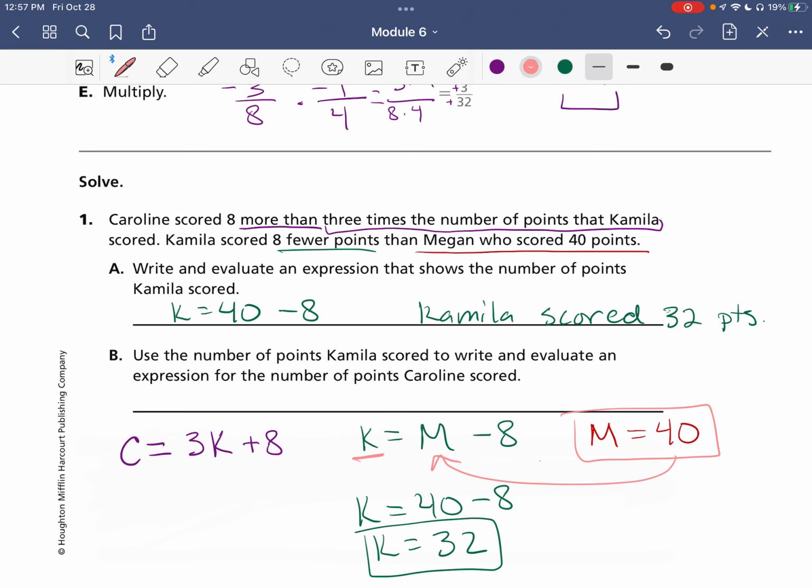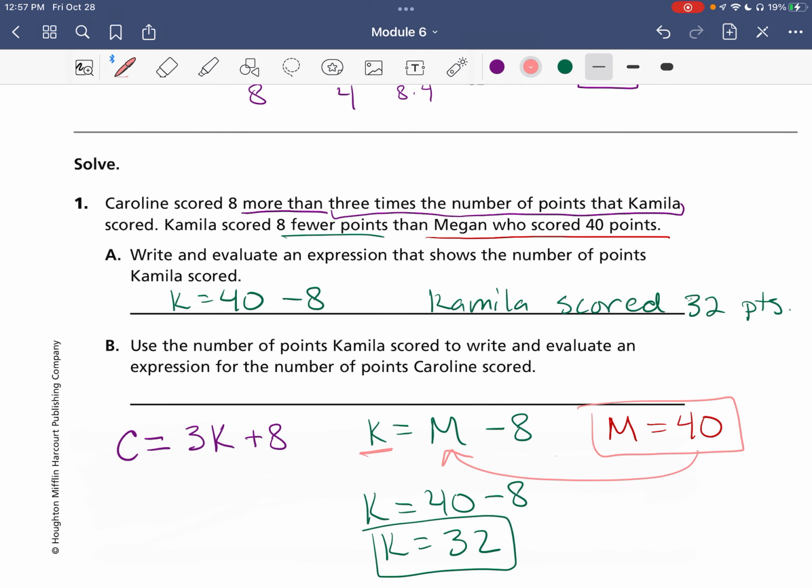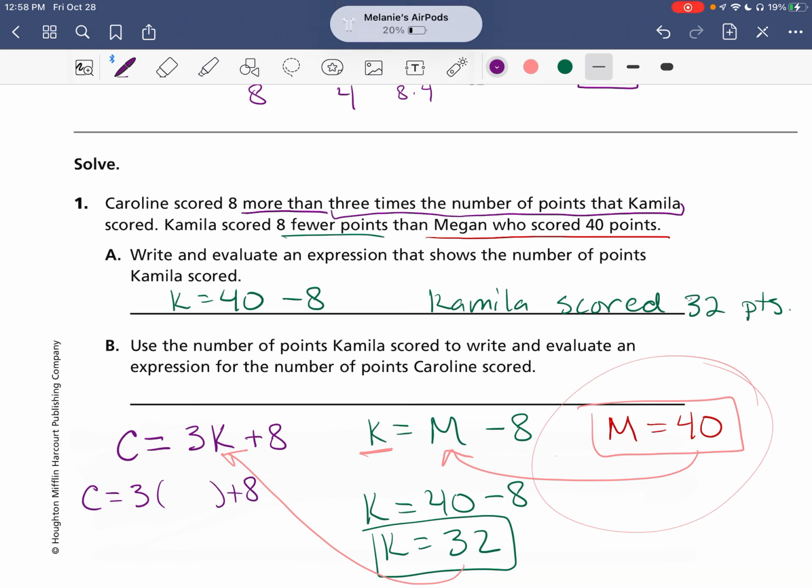So to find Caroline, just like we did with Megan here, we're going to plug in what we know. So we have Caroline equals 3 times 32 plus 8, where we plug in our 32 and simplify.